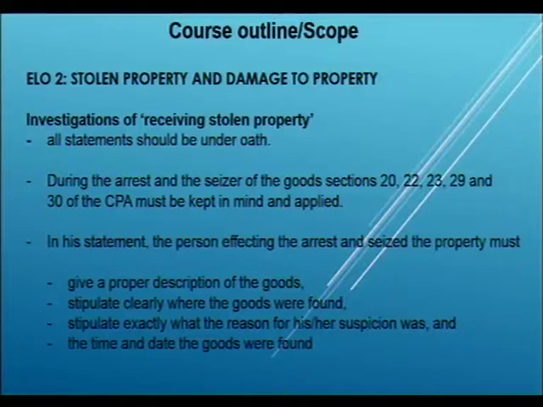In his statement, the person effecting the arrest and seizing the property must give a proper description of the goods, stipulate clearly where the goods were found, stipulate exactly what the reason for his or her suspicion was, and the time and the date the goods were found.